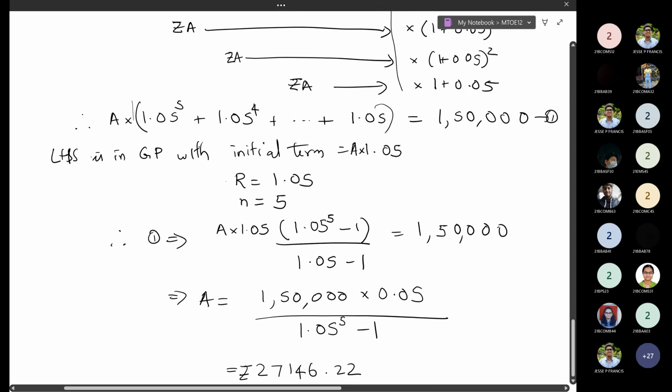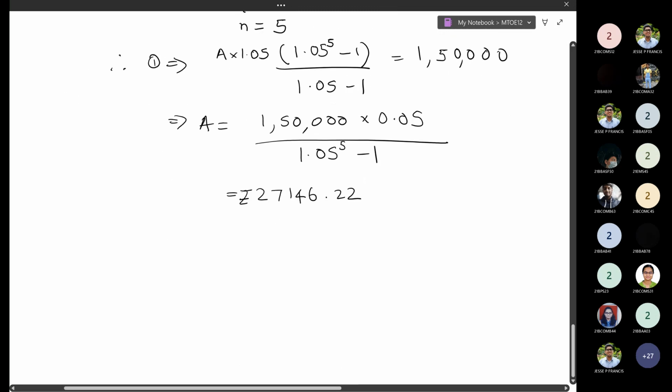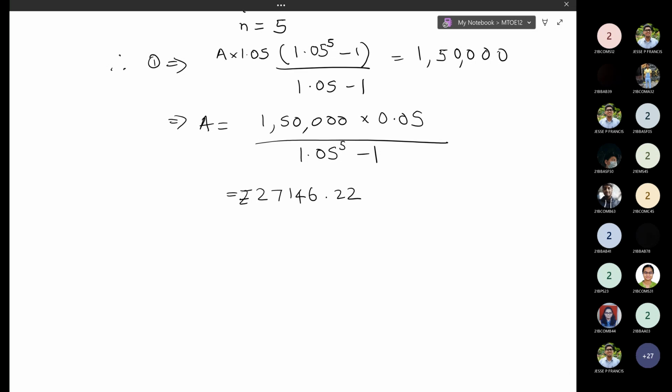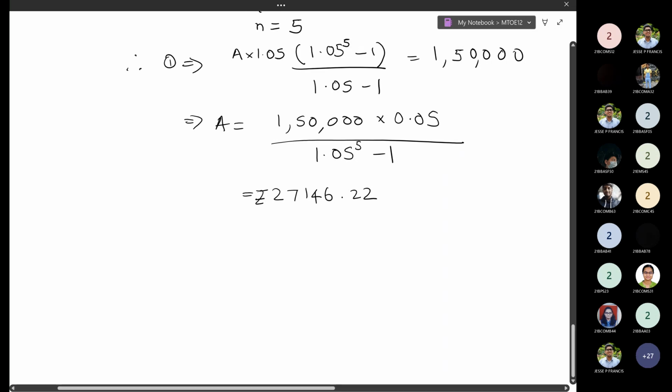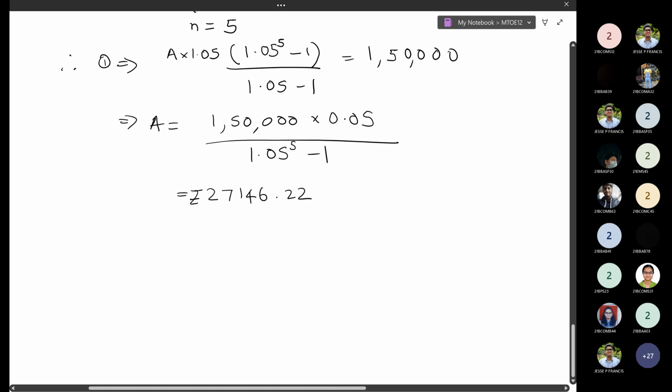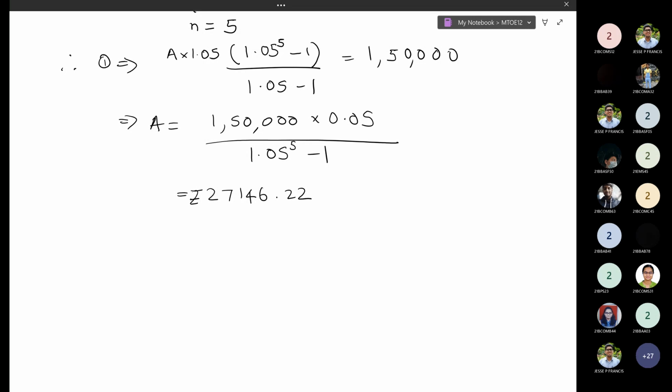I'm not sure whether I clarified. If there is anything, please do ask. But say, there is another question. You have to invest rupees 27,146.22 every month in order to get 1,50,000 after 5 months at 5% interest.